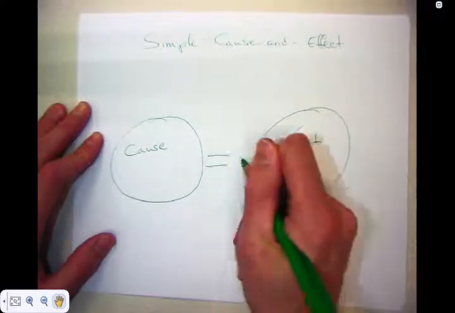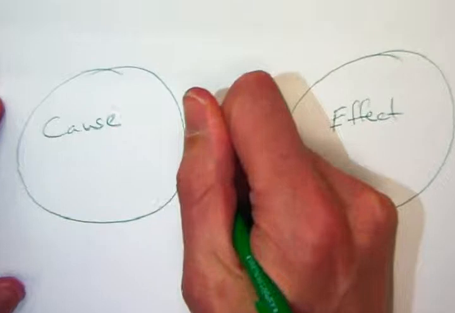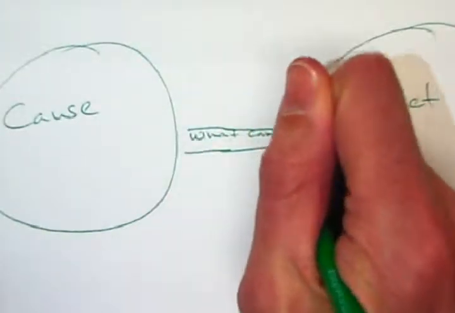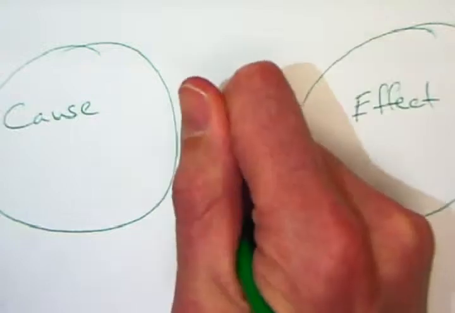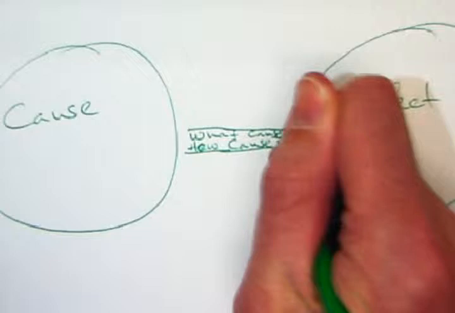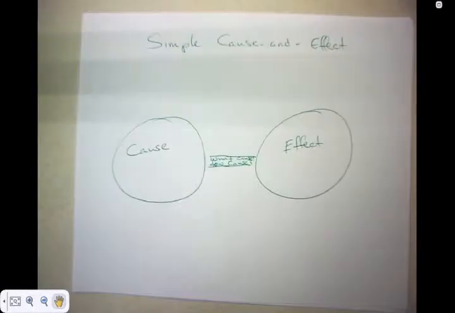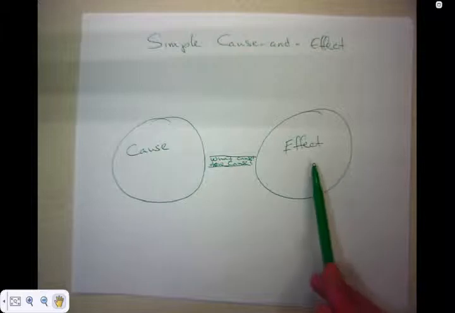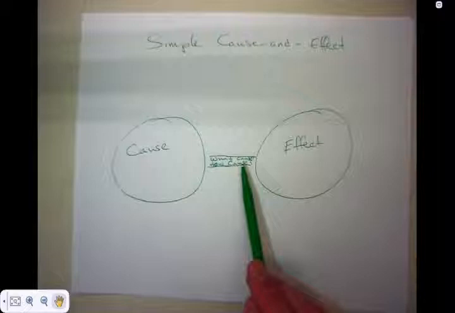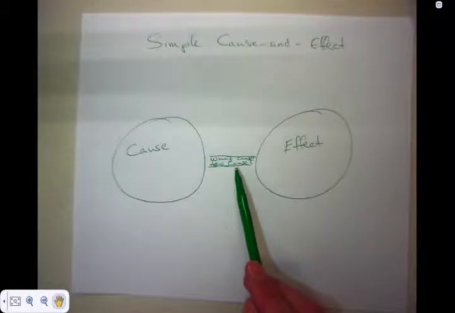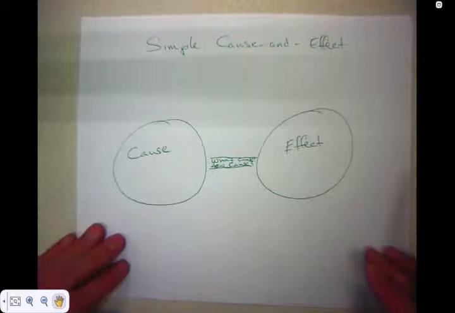And then what we need to do is kind of fill in what caused it, or how it caused. Very often when I'm reading, I'll notice one of these things, and sometimes I won't quite know if it's a cause or an effect until I read on, and then I have to really work in and say, what was the cause, or how was this thing caused, or how did this effect come about?